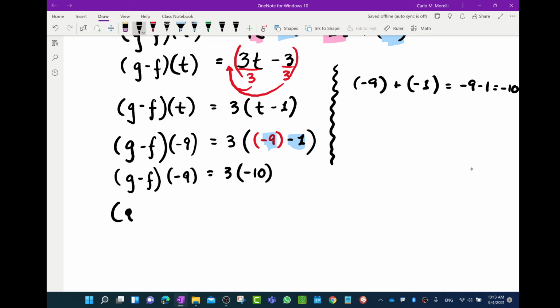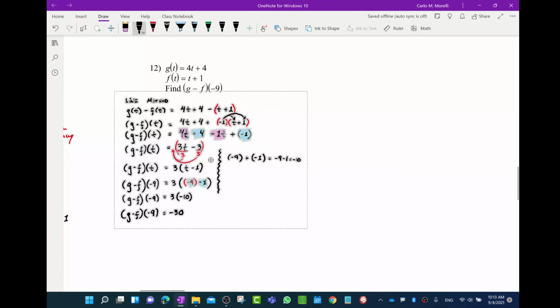So the difference of functions g and f evaluated at -9 is equal to -30. Okay. That is the line method of doing this.